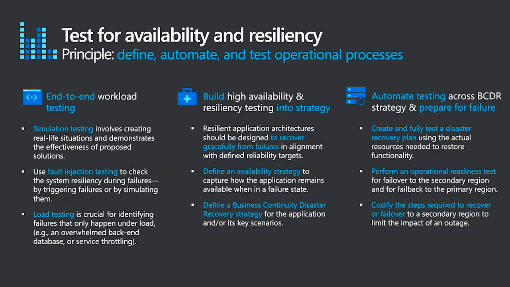You want to perform an operational readiness test for failover to the secondary region. Test these processes. You have them in place, test them to make sure that they work. And you want to codify the steps required to recover a failover. We're back to infrastructure as code and declarative programming from an ARM template, for example, to codify the steps that are required to recover from a failover.